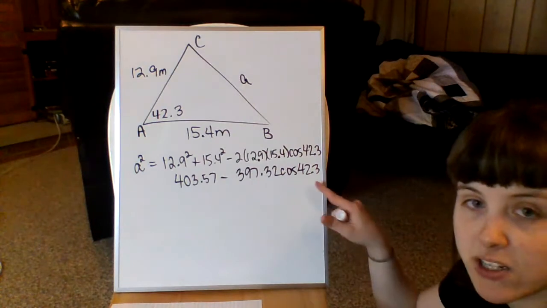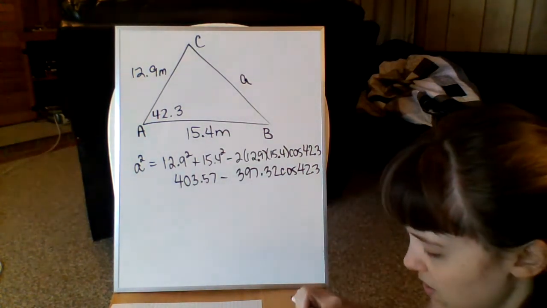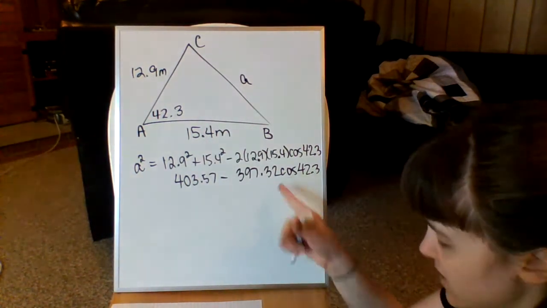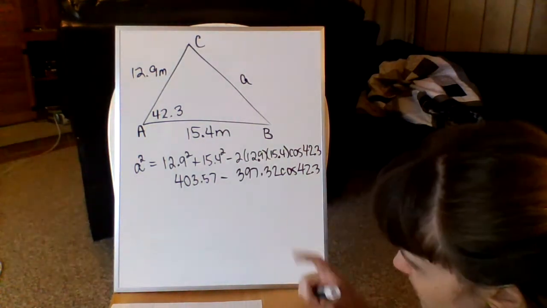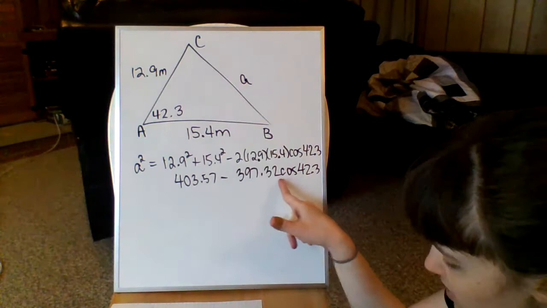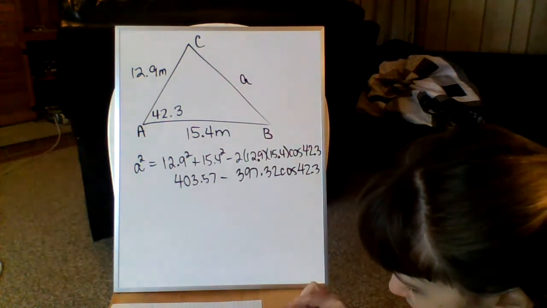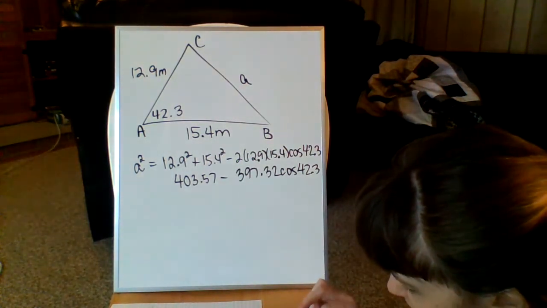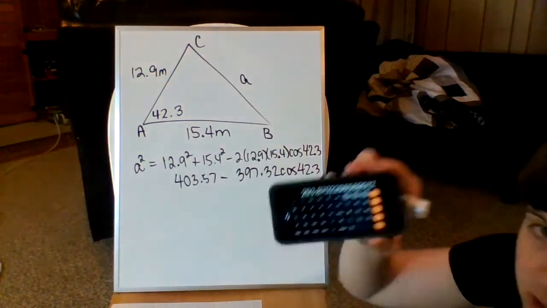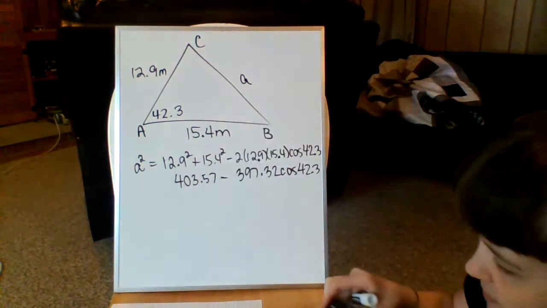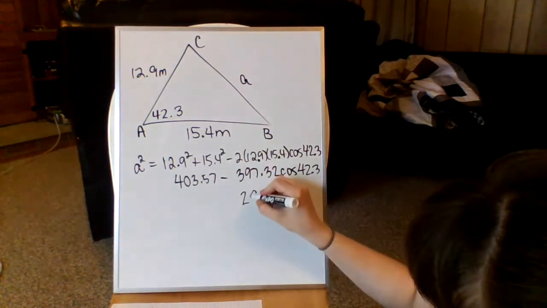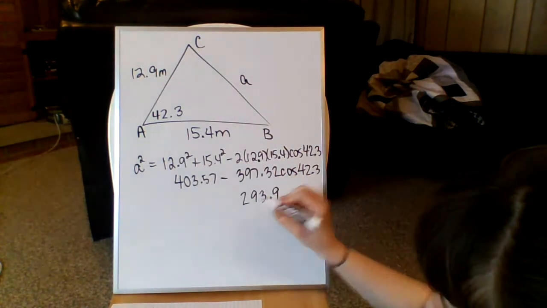Okay, so now we're going to do this part. 42.3 cosine times 397.32 equals 293.9.